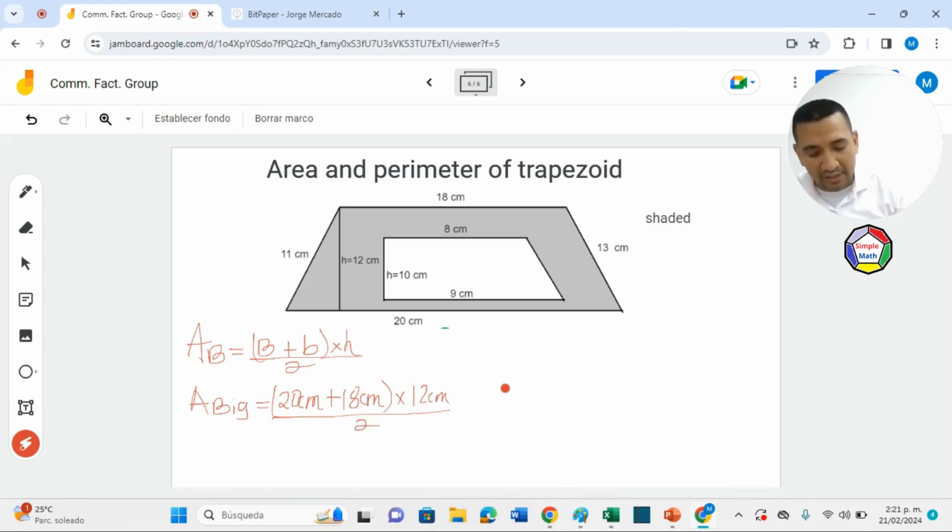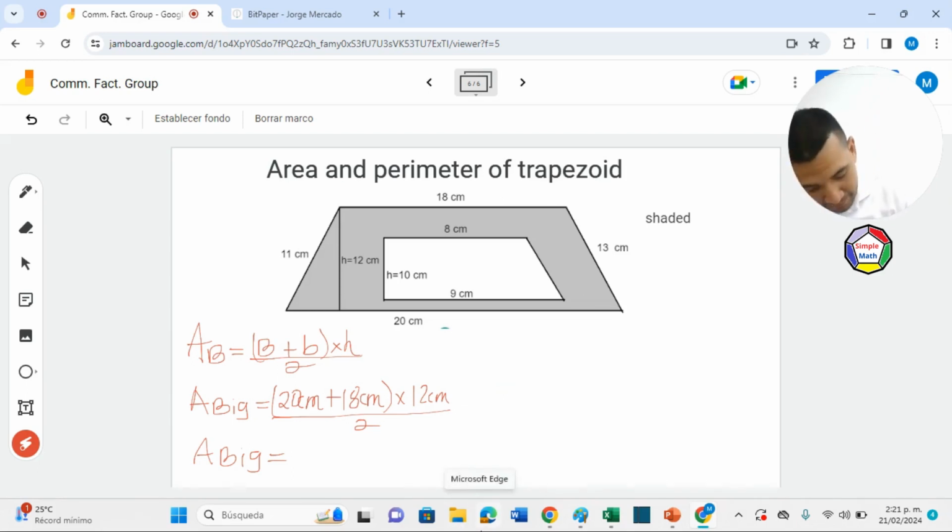So let's do all those calculations at the same time. The area of the big trapezoid is 20 plus 18, which is 38. 38 times 12 is 456.